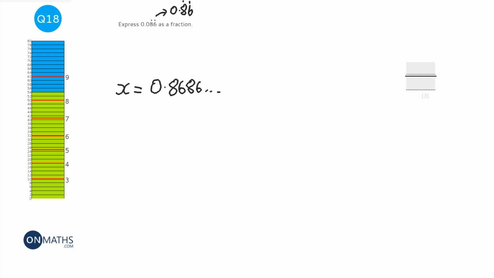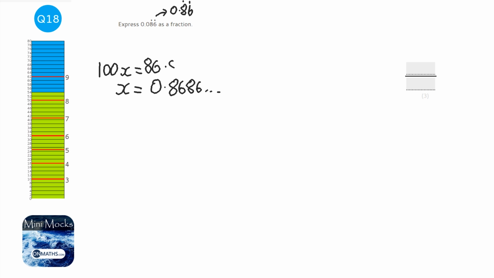Now we need to bring that 86 in front of the decimal point, so I'm going to times it by 100. So I'm going to work out 100x is 86.8686 blah blah blah. And then what you do is you just take away going downwards. The reason we do that you will see in a second.